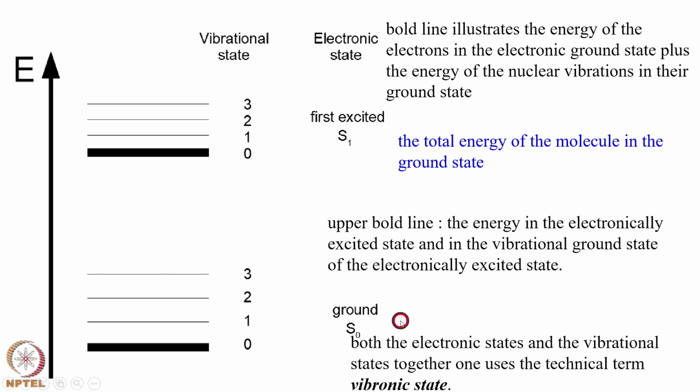The total energy of a molecule in the ground state will be all these: the ground electronic state and vibrational state. Both the electronic state and vibrational state together are given a technical term called vibronic state: vibrational plus electronic is vibronic state, right. In vibrational spectroscopy, as we will be discussing, we will deal with IR. In electronic spectroscopy, if we excite from here, it goes to somewhere here.